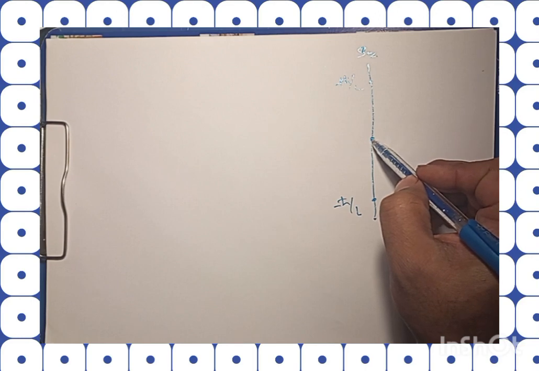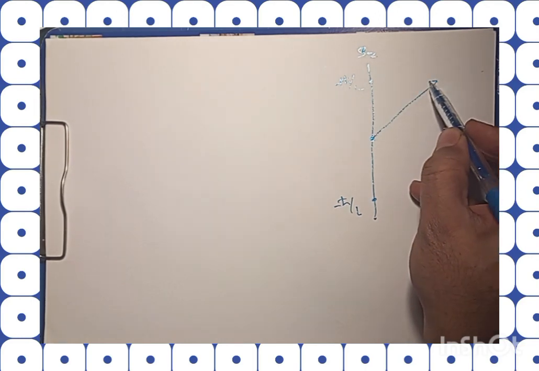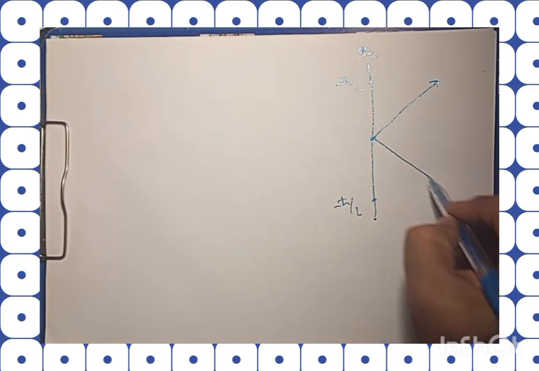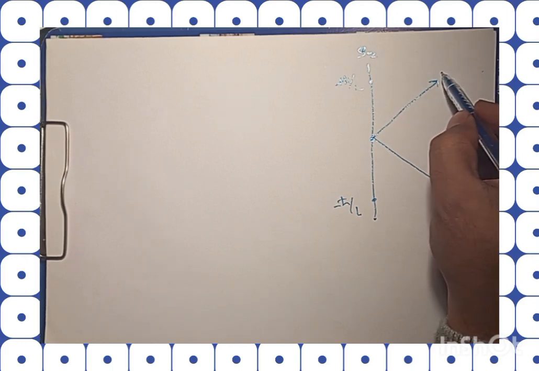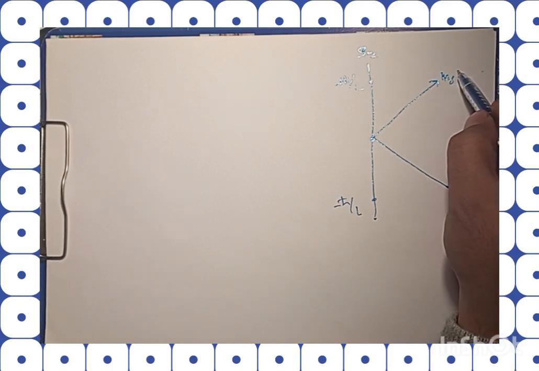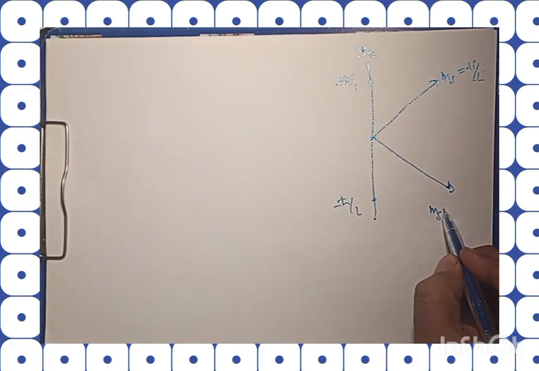We will have a vector for each: one represents ms equal to plus half, and the other represents ms equal to minus half.